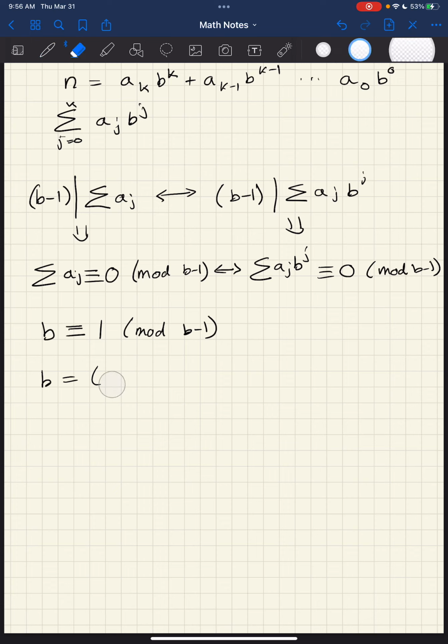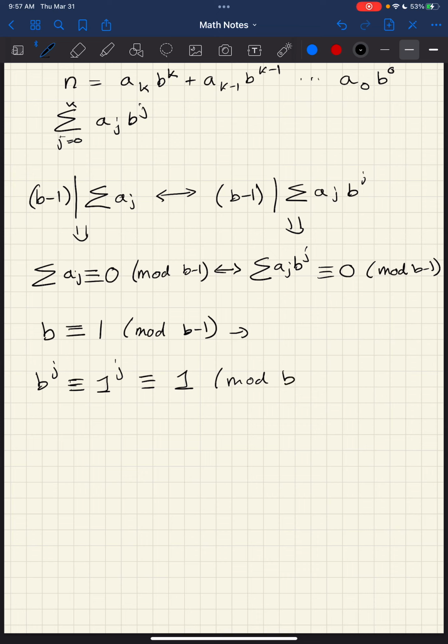Then that would mean that b to the j is congruent to 1 to the j, because we know that b is congruent to 1, which itself is congruent to 1 in mod b minus 1. So hopefully that makes sense.